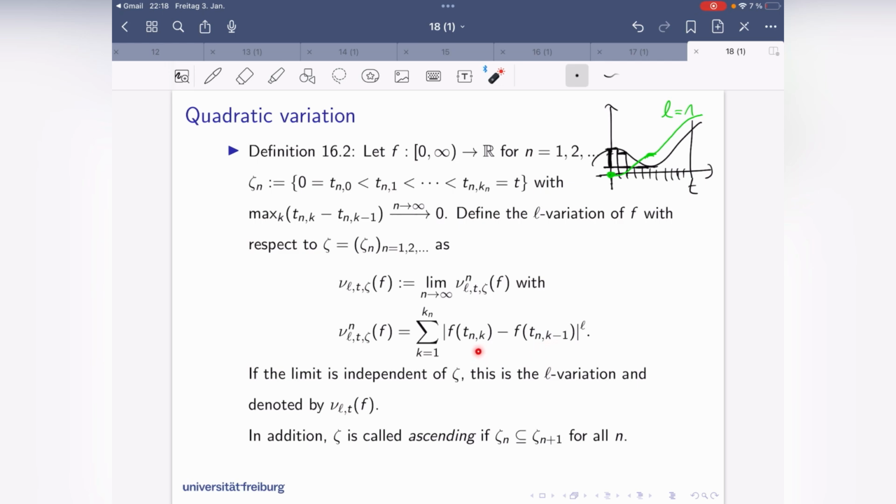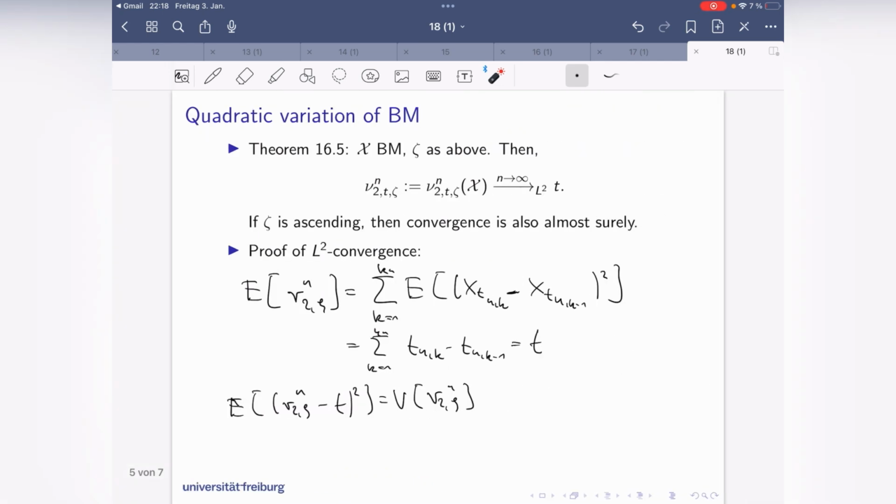But since Brownian motion has independent increments, that's a sum of independent increments. And the variance of a sum of independent things equals the sum of the variances. So it's the sum from k equals 1 to k_n of the variance of (x_{t_{n,k}} minus x_{t_{n,k-1}}) squared.